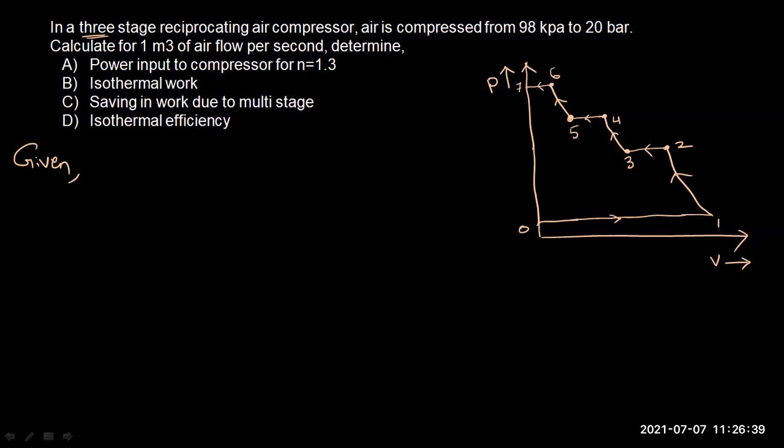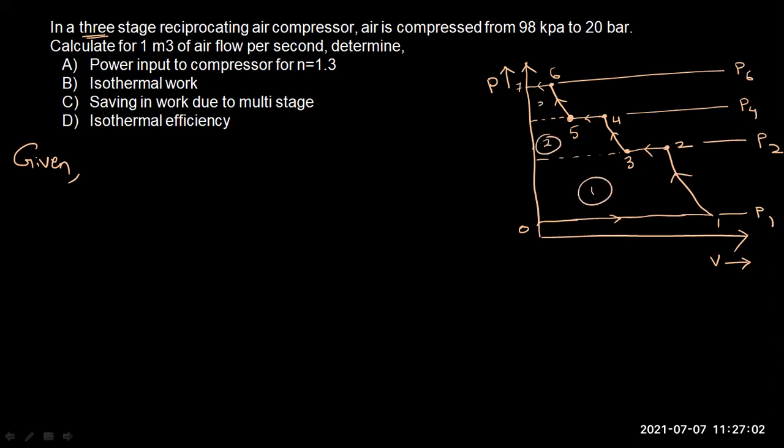This is 7. Just join this line. So here the pressure is P1. Here the pressure is P2. Here suppose the pressure is P4, and in this line the pressure is P6. All right. So this is the first stage of the compressor. This is the second stage. This is the third stage. So that's why it is a three-stage compressor.